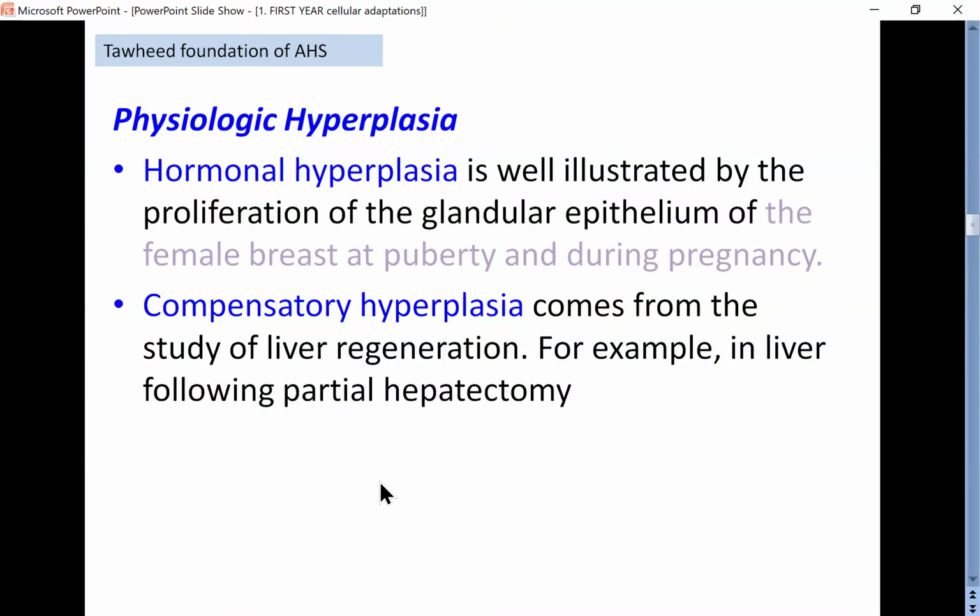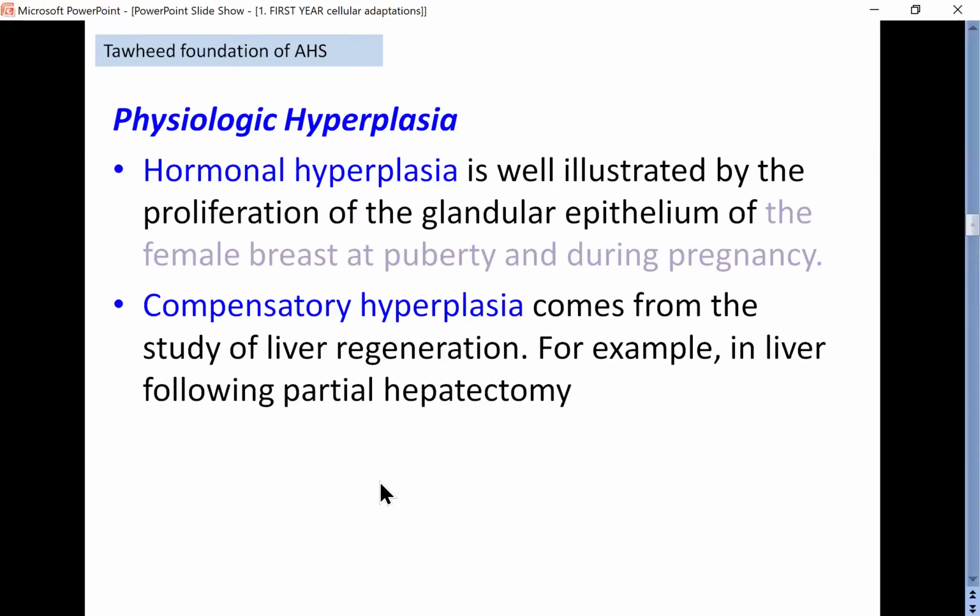The cells will start regenerating with physiological hyperplasia. So we have three examples of physiological hyperplasia: one is female breast development during puberty, then uterine development during pregnancy, and compensatory hyperplasia, where we see liver regeneration following a partial hepatectomy.